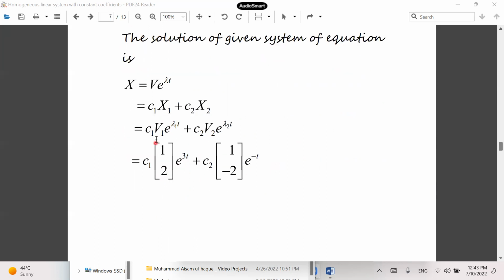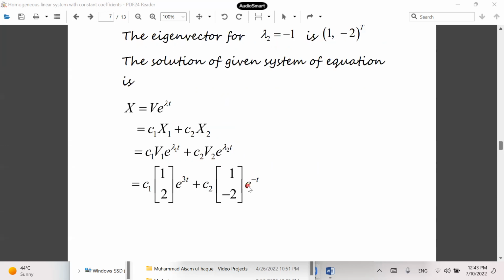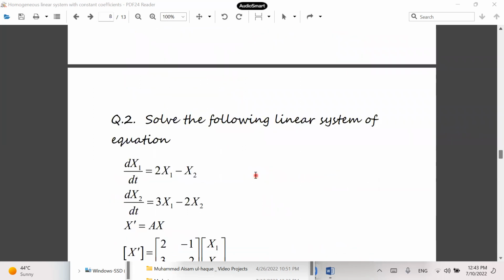So we substitute the values of v1, v2, lambda 1 and lambda 2. v1 is (1, 2), and lambda 1 is 3. So it becomes c1 (1, 2) e^(3t) plus c2 times v2, which is (1, -2), and lambda 2 is -1, so e^(-t) becomes here. So this is how we find the solution of the given system of differential equations.